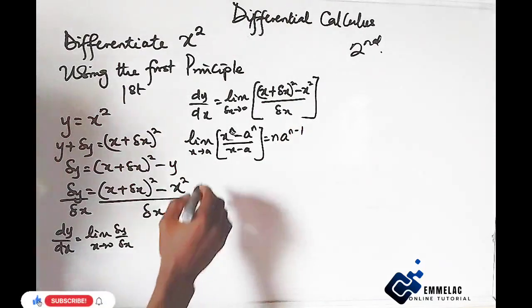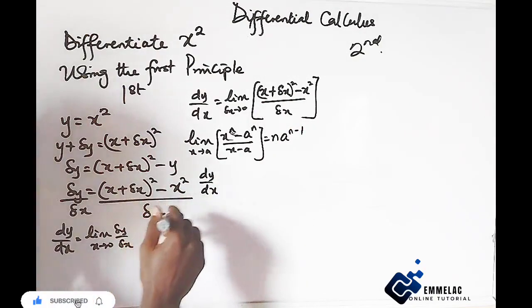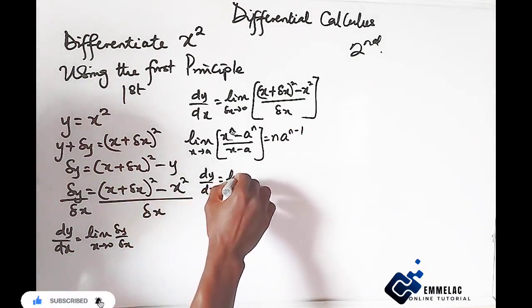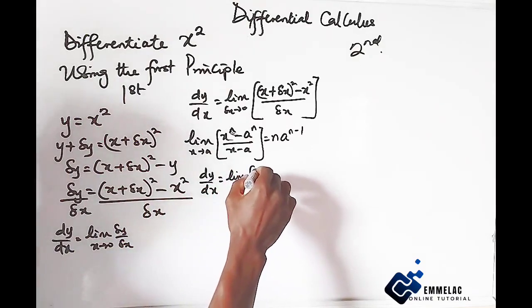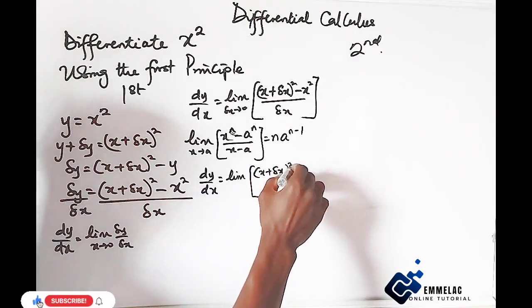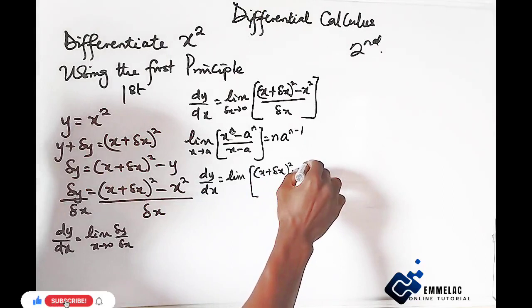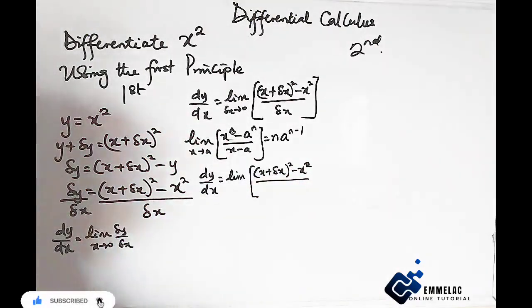So here we have that dy all over dx now equals the limit of x plus change in x raised to the power of 2 minus x raised to the power of 2, all over, now to this part.